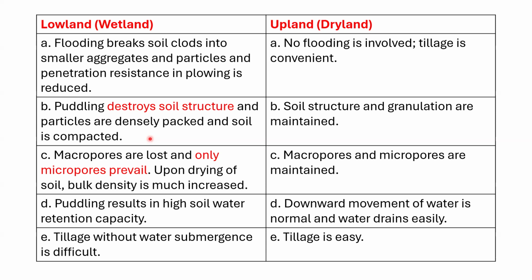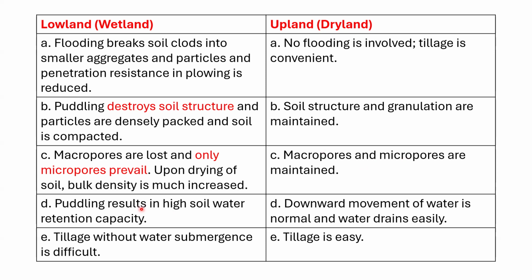Okay? So kapag lowland, nawawala lahat ng mga macropores, then ang natitira lang ay mga micropores. Kaya naman, compacted, then very submerged, so lubog na lahat sa tubig. Wala nang drainage. Then under upland ulit, macropores and micropores are maintained.